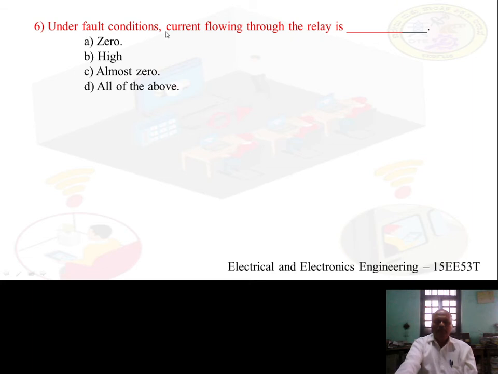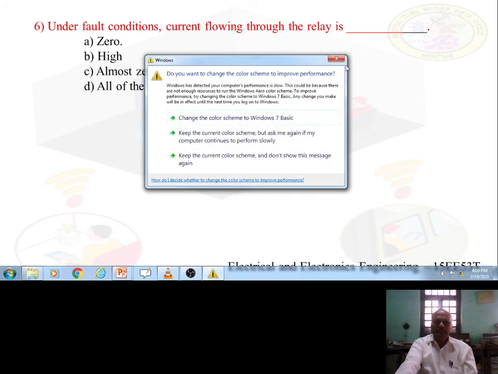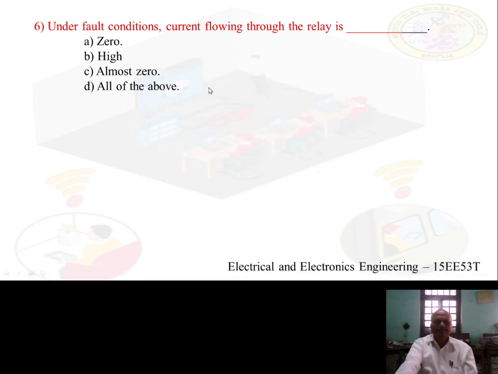Under fault conditions, current flowing through the relay is, it should be high. Therefore, your answer is B. High. Question number 7.